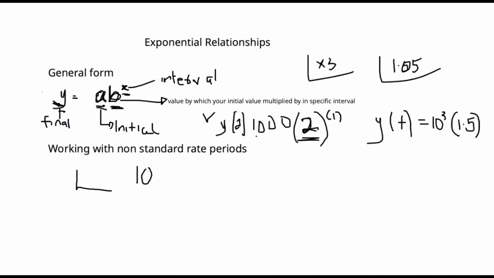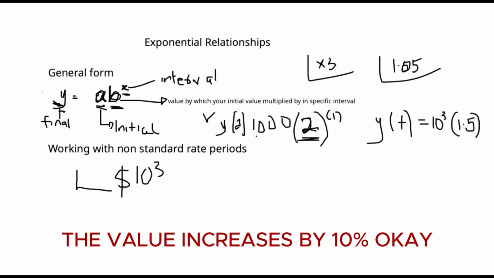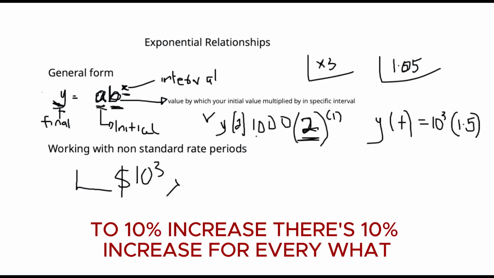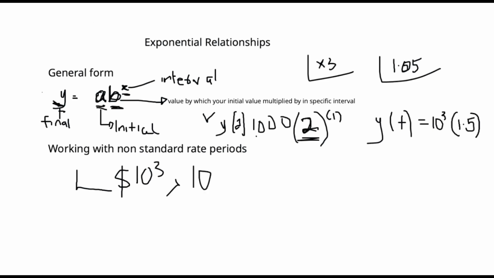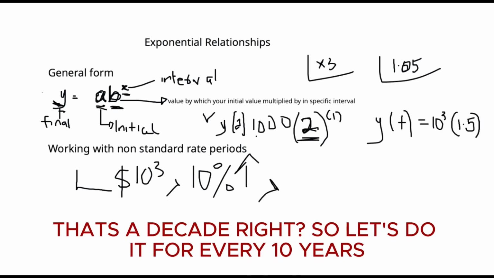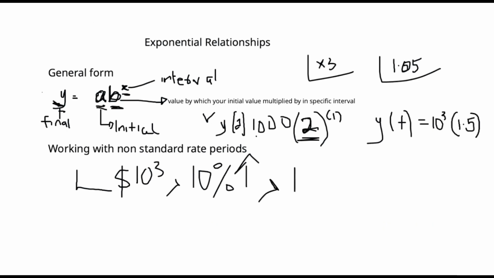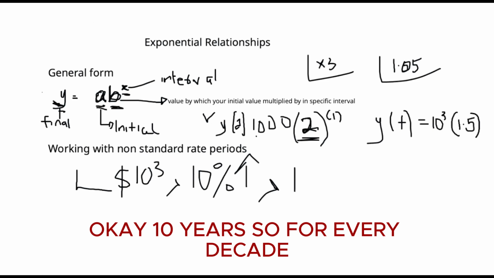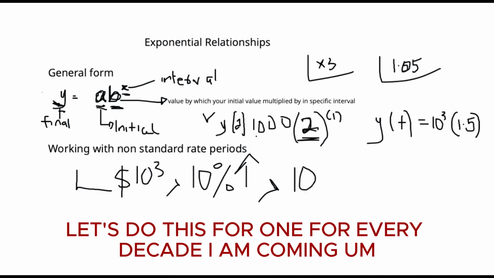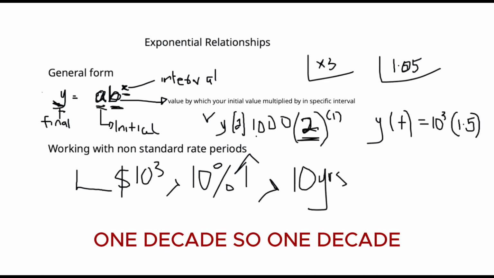The value increases by 10%, so there's a 10% increase for every 10 years. That's a decade, right? So let's do this for every decade, for 1 decade.